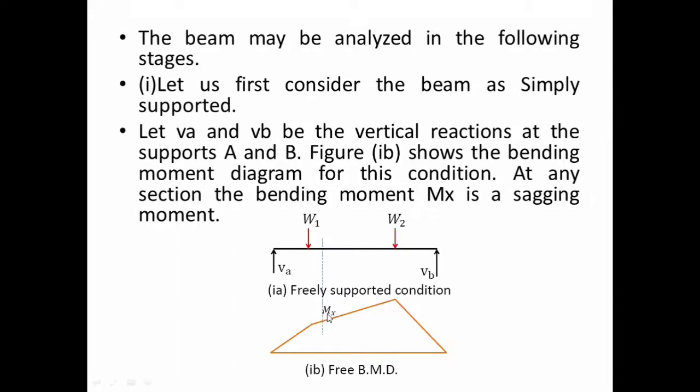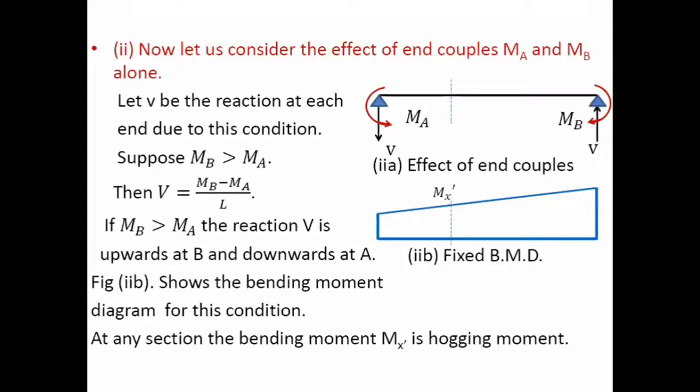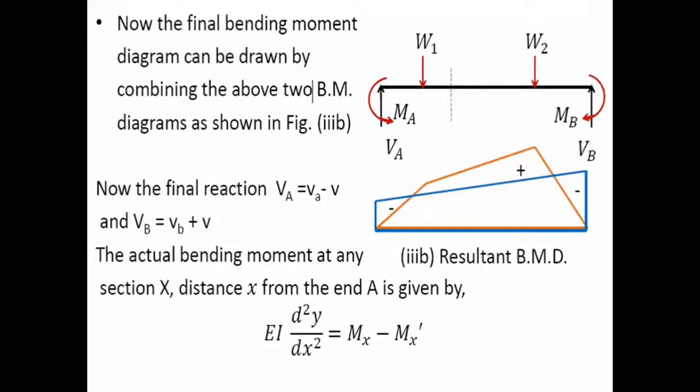It is plus because it is the simply supported bending moment. Next is Mx dash, it is minus because it is a hogging bending moment. So Mx minus Mx dash is the final moment on this particular section. It is equated to EI d2y by dx square.